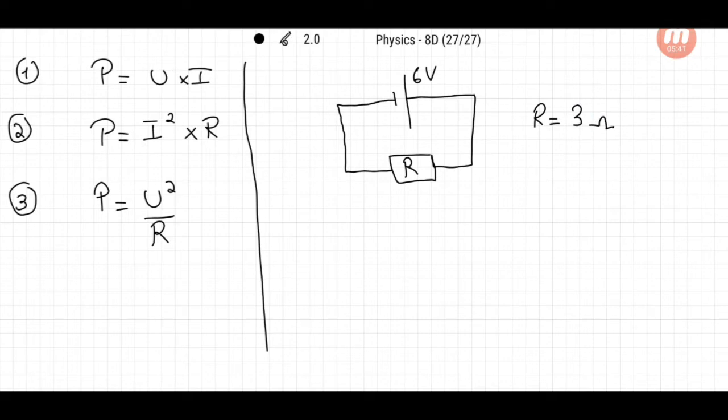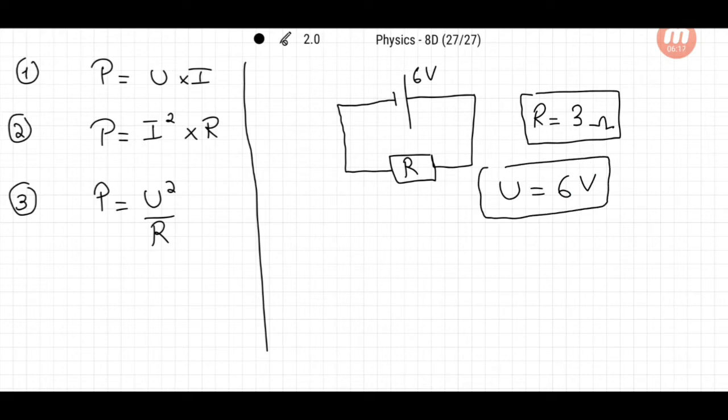I want to find the power consumed by the resistor, meaning how much electric power this resistor is consuming. The voltage of the resistor will be the voltage of the battery, since it is the only resistor in the circuit. So the voltage U of the resistor is equal to 6 volts.